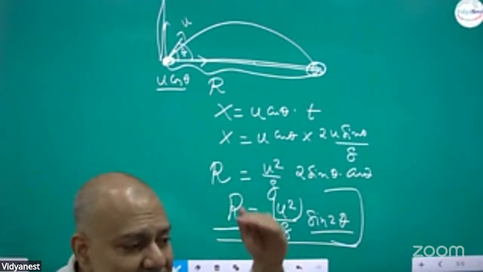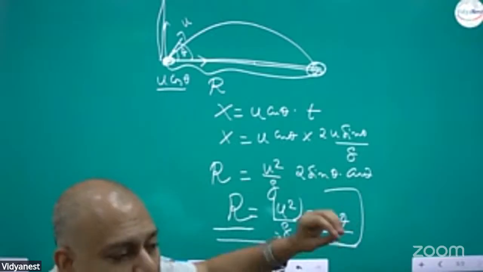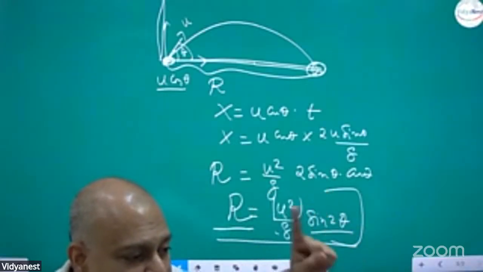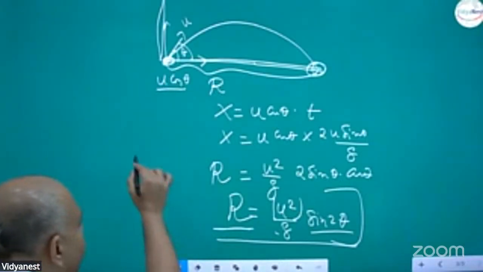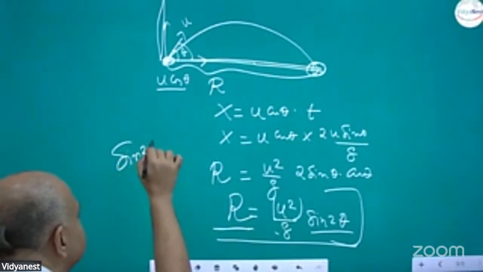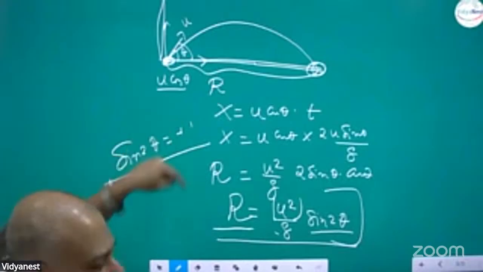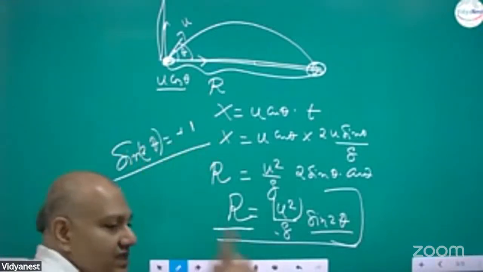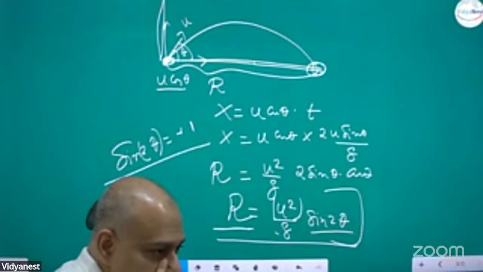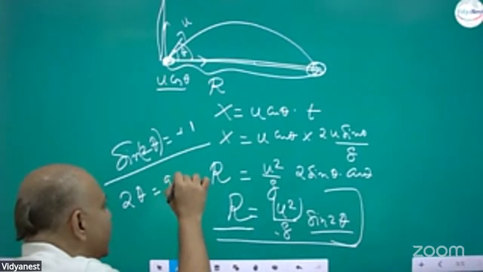The maximum value of sine is +1. You know this thing, Saurabh. Yes, sir. So when sine 2 theta becomes +1, this 2 theta becomes 90 degrees, because sine 90 is +1.